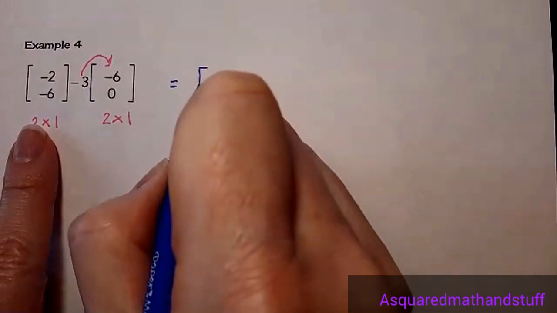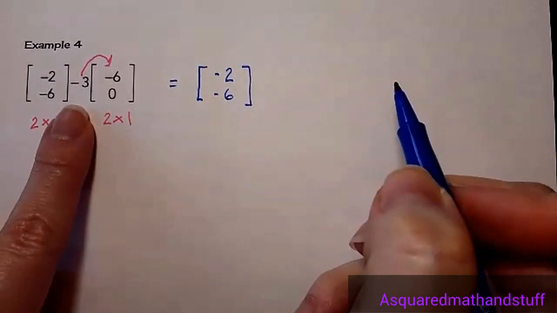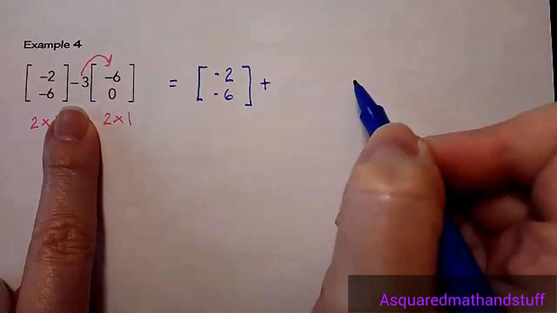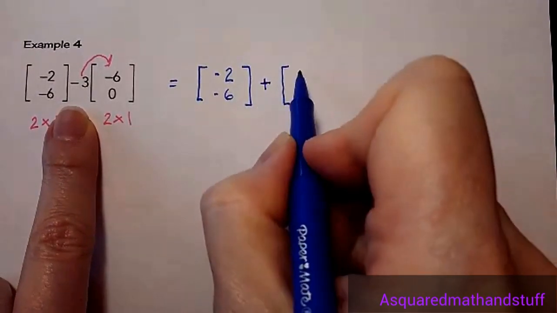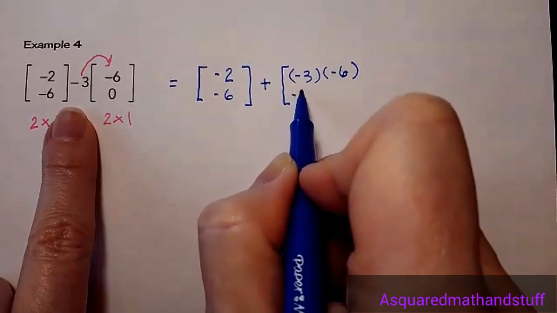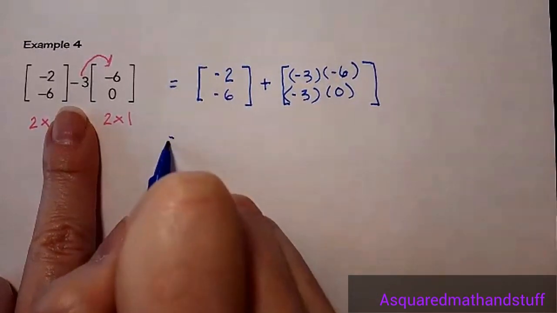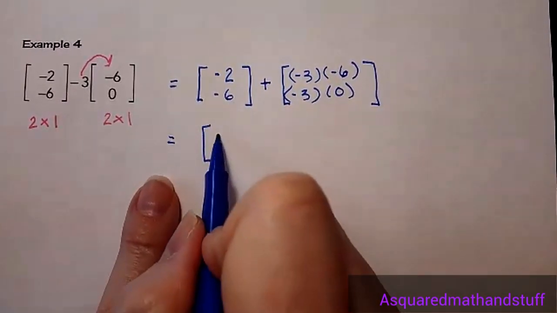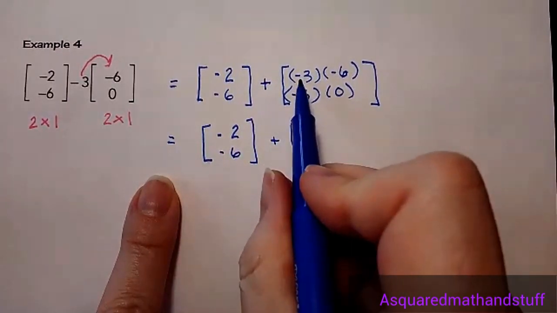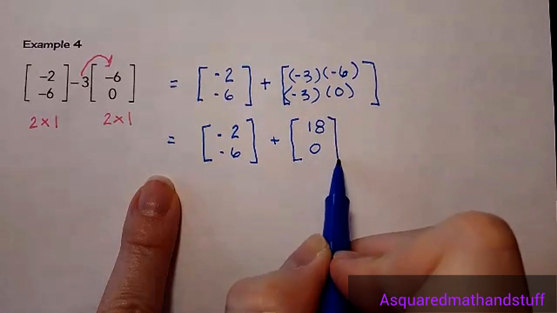But again, the first thing we want to do is multiply this negative 3 through. This first matrix stays the same. So we have negative 2, negative 6. I'm going to distribute a negative 3 through. So I end up then with a plus, and I'll have negative 3 times my negative 6, and then negative 3 times 0, which then gives us, first matrix stays the same again, negative 2, negative 6, plus the matrix of negative 3 times negative 6 is 18, and then negative 3 times 0 is 0.